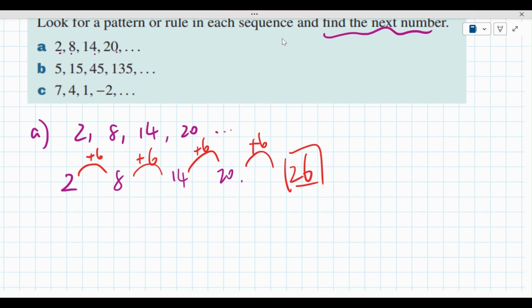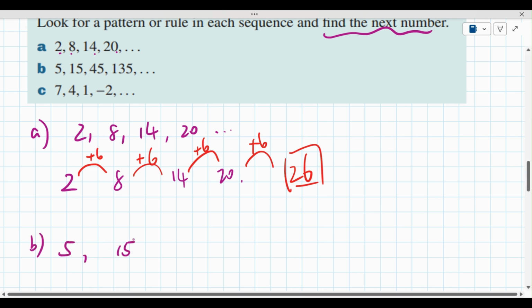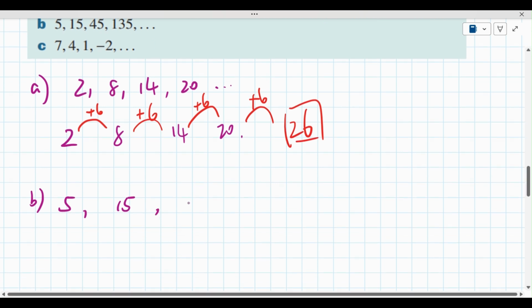Next question we have 5, 15, 45, and 135. We're going to figure out the pattern again. What's the next number?